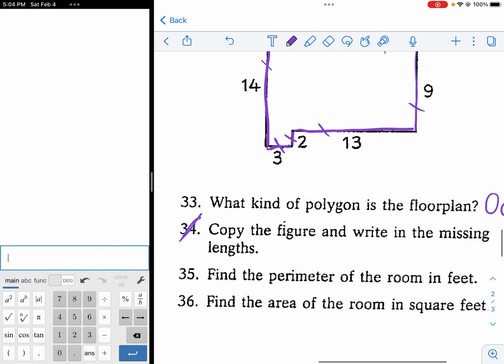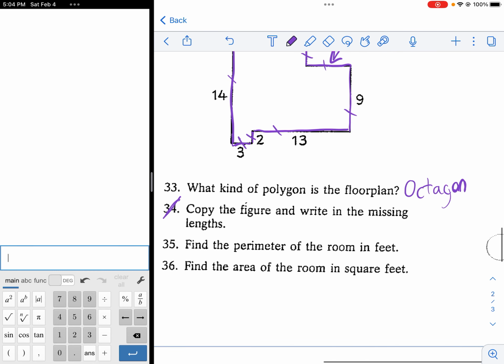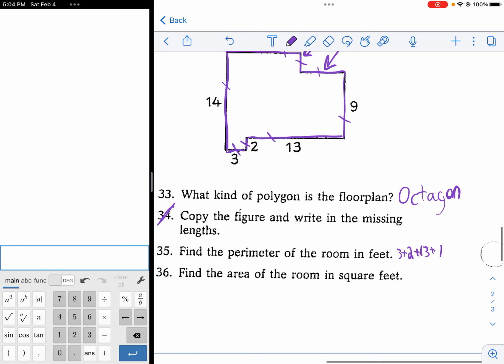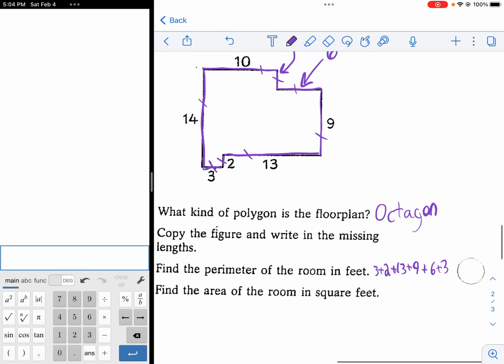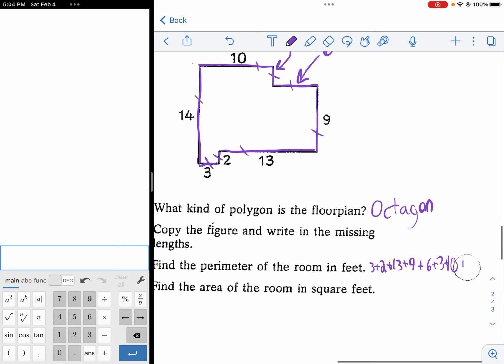35 asks us to find the perimeter of the room in feet. So we're going to be adding 3, 2, 13, 9, 6, 3, 10, and 14. When I punch those into my calculator, I have 3 plus 2 plus 13 plus 9 plus 6 plus 3 plus 10 plus 14.